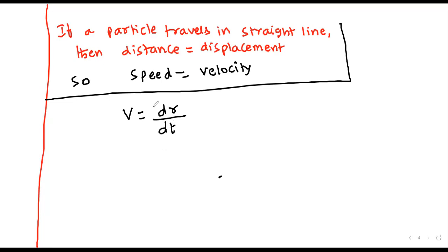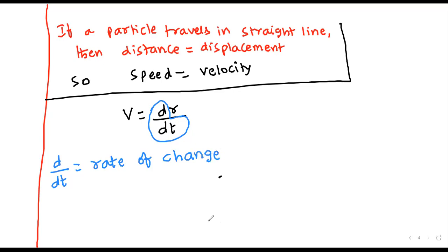Now here we will define it as d by dt. d by dt can be called the rate of change.